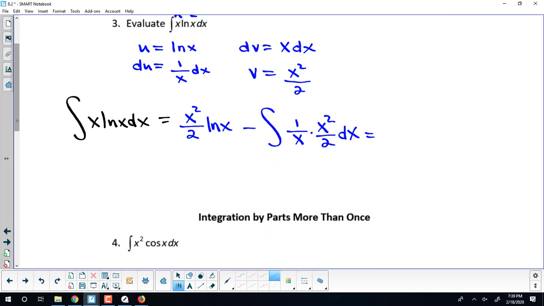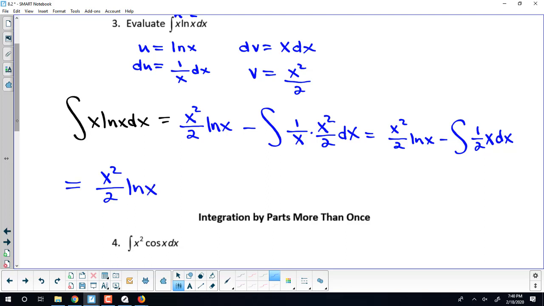Move over here. We've got, what do we have? 1/2 x dx. Still carrying this thing around.